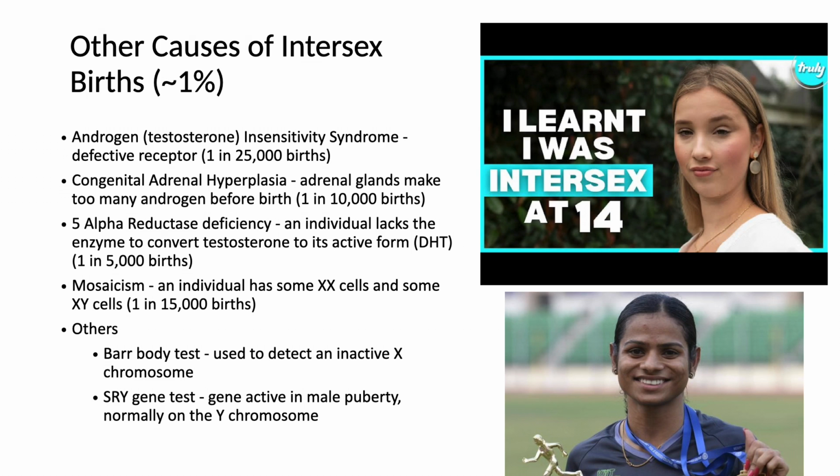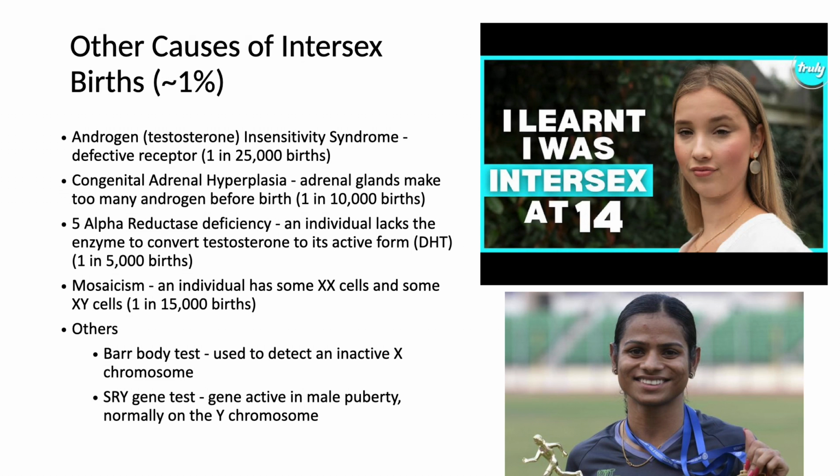There are other causes of intersex births and intersex individuals. Again, probably not diagnosed at birth, unless you would happen to do a karyotype at birth. Some of these produce absolutely normal looking individuals that only have problems later when they enter puberty or try and reproduce. One of the most common ones involve females that are actually genetically male.